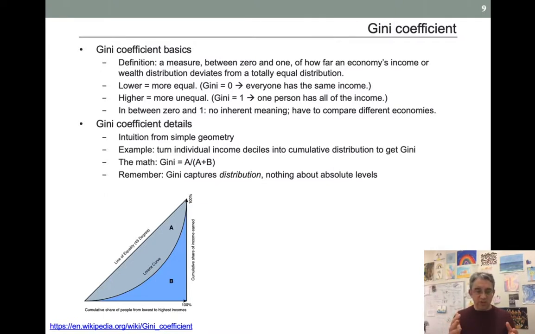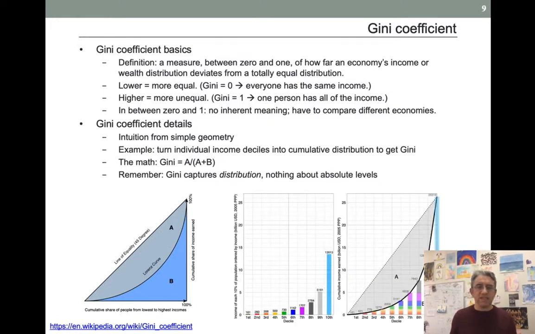Now, you can see how you'd get that 45-degree line, right? Because if everybody had exactly the same income, you'd have a person and that income, and another person and the same income again. And it would just be a straight line all the way up. So that is the basic intuition, the geometric intuition for how you calculate the Gini coefficient.